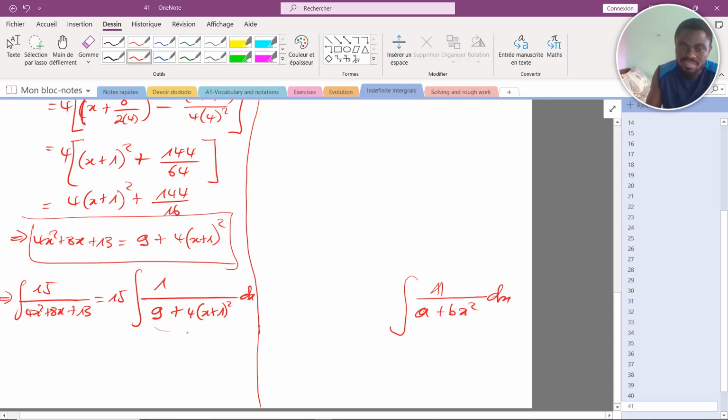Are you not seeing that this is basically in this form, with the only difference that this x has been replaced by x plus 1? So this x plus 1 is behaving like a big X. You understand? So look at what I will do.